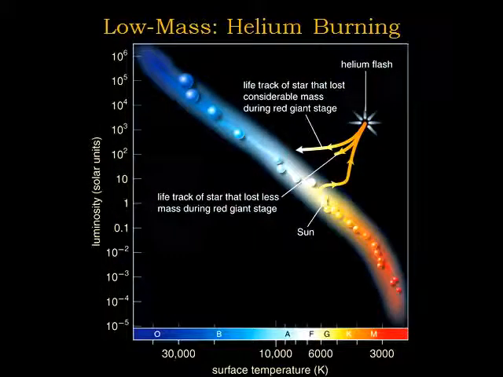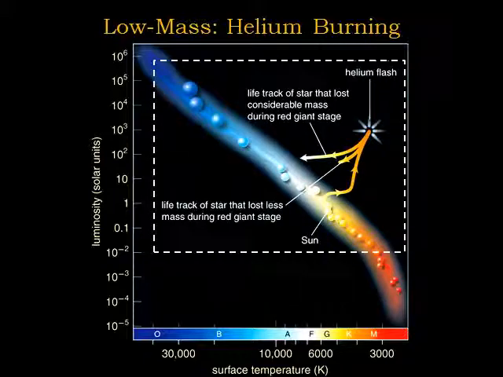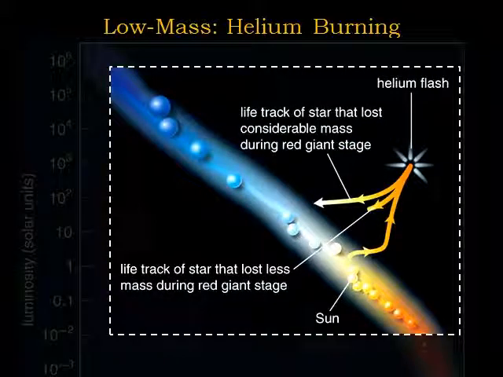We can again follow the life track of the star on the HR diagram. Because the helium core fusion star is now smaller and hotter than it was as a red giant, its life track on the HR diagram drops downward and to the left. The helium cores of all low-mass stars fuse helium into carbon at about the same rate.